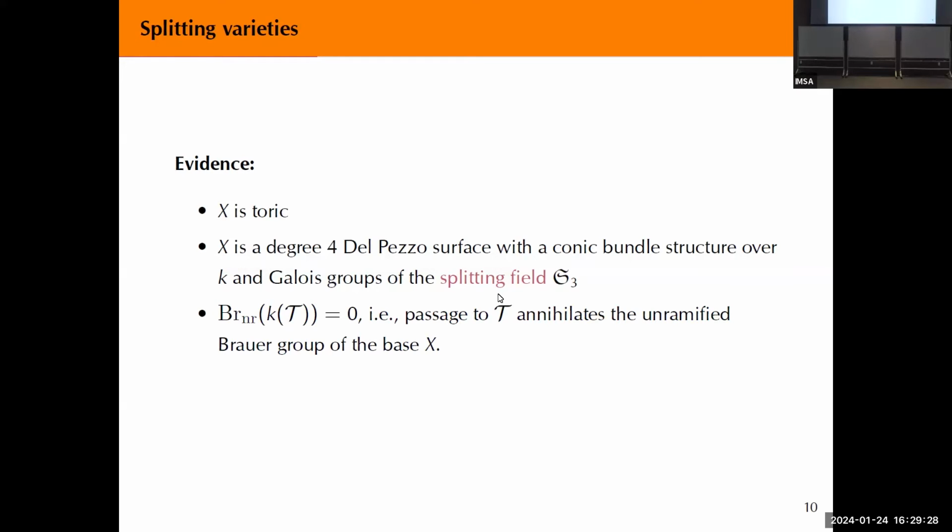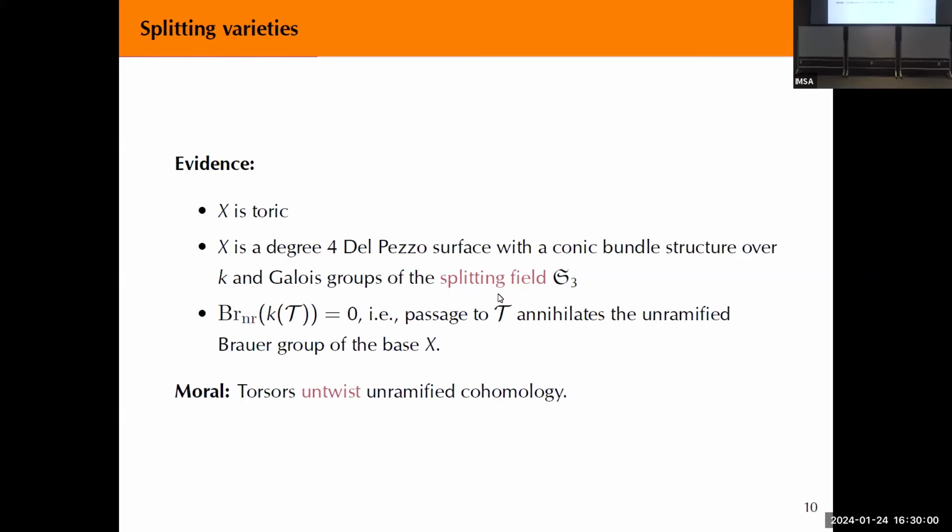That's it. It seems so particular, and that's the only case that's been found so far. However, there is this beautiful result of Colliot-Thélène and Sansuc: while they cannot prove that the torsor is a rational variety, at least they can check that some obstructions to rationality vanish, namely the Brauer group vanishes. And more recently, somebody proved that the unramified H3 vanishes as well, from Galois theory, when you look at torsors of the del Pezzo surface.